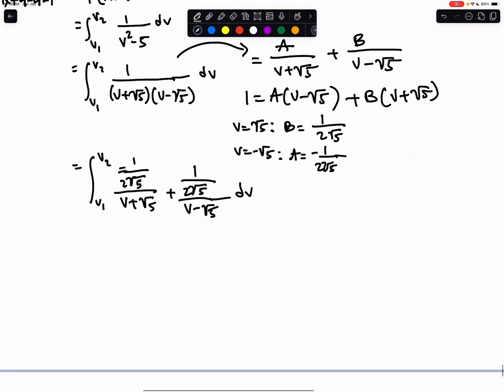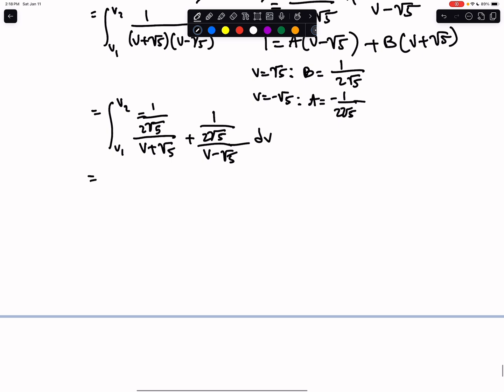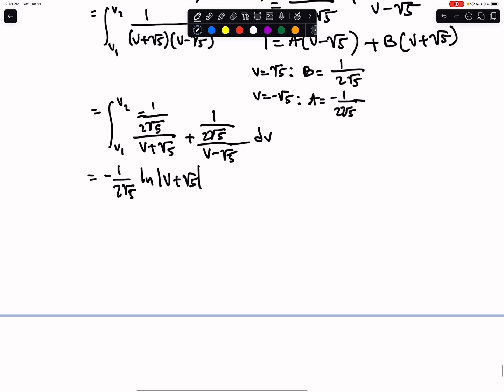Yeah, that looks correct. So then we can do the evaluation bar. We'll get negative 1 over 2 root 5 ln absolute value of v plus root 5 plus 1 over 2 root 5 ln absolute value of v minus root 5 from v1 to v2.